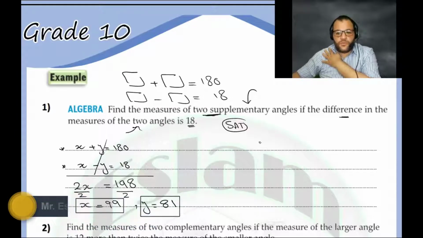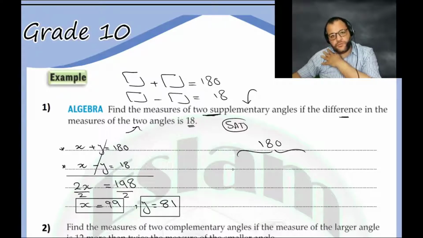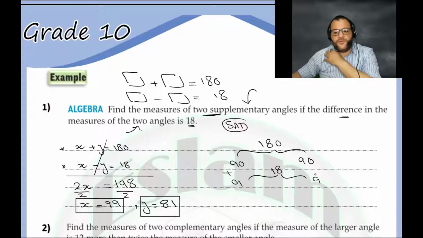The sum is 180. Divided by 2, it becomes 90. What is the difference? It's 18. Divided by 2, it becomes 9. One of them is plus, one of them is minus. So the first one would be 99, and the second one would be 81.